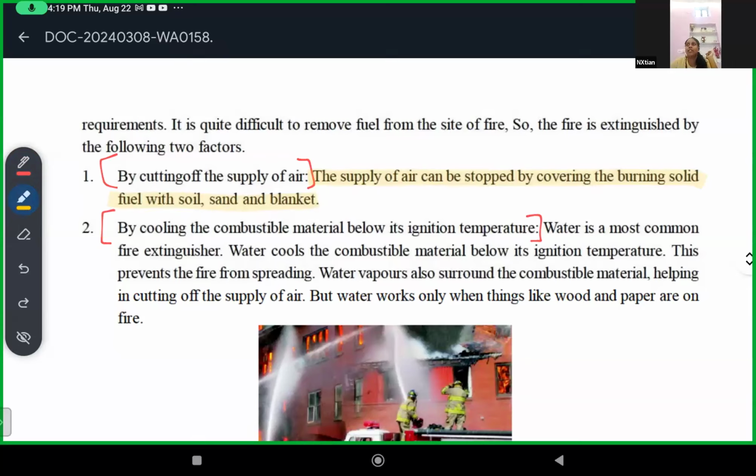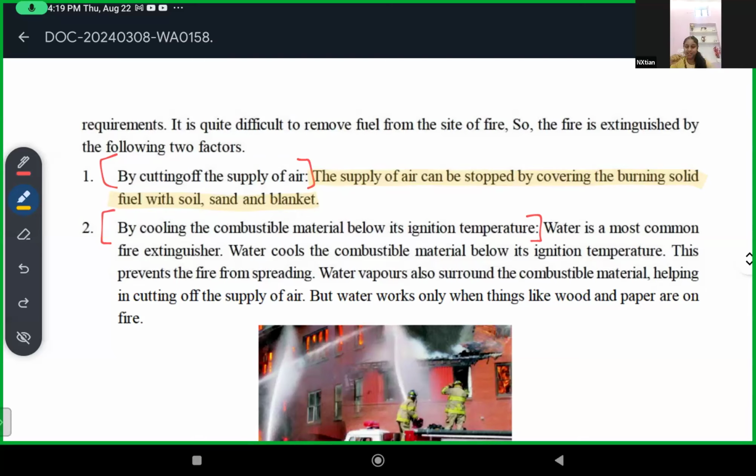I've also heard that if a person catches fire, they roll on the ground or they roll wrapped in a blanket. How do they roll on the ground? Suppose the hand catches fire, they just rub it in the sand like this.